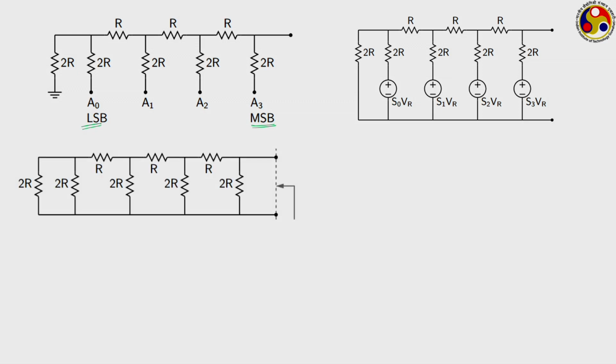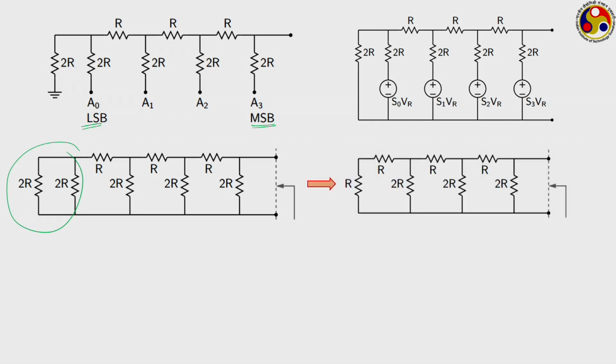If we think about it this way, all the inputs are 0. Let us say all these S values are 0, then each of them is perfectly grounded. Let us take first this portion. There you can clearly see there are 2 resistors of 2R in parallel. Then what is the corresponding equivalent resistor?